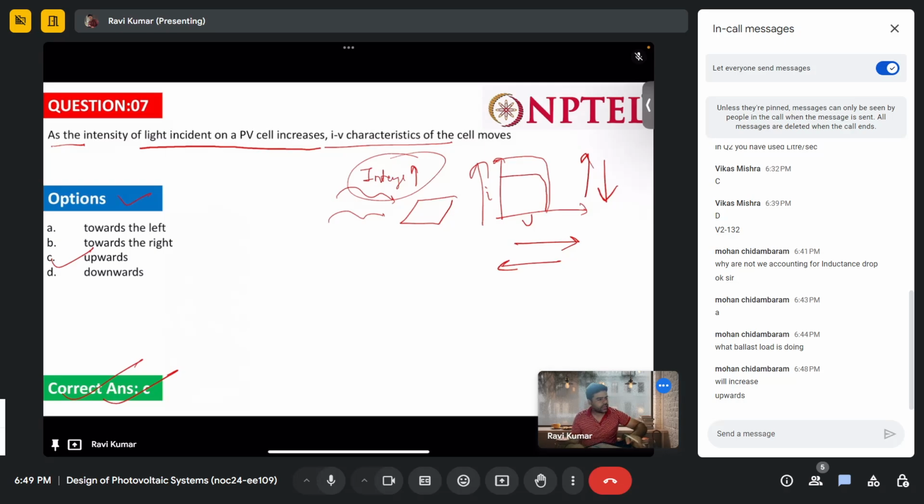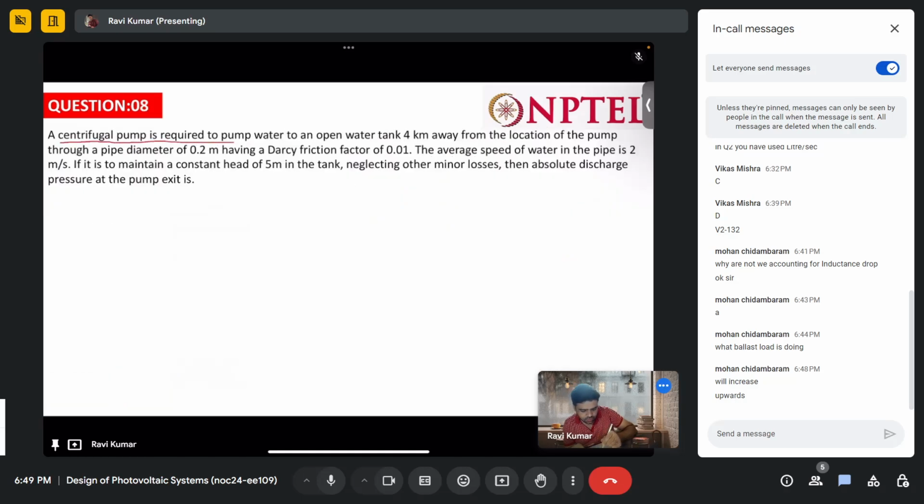Okay. Next question, which says a centrifugal pump is required to pump water to an open water tank that is 4 kilometers away from the pump through a pipe. Pipe diameter is 0.2 meter and the Darcy friction factor is 0.01. The average speed of water in the pipe is 2 meter per second. If it is to maintain a constant head of 5 meter in the tank, neglecting other minor losses, the absolute discharge pressure at the pump exit is, so it is asking P at exit.